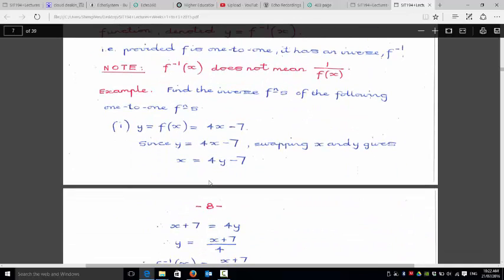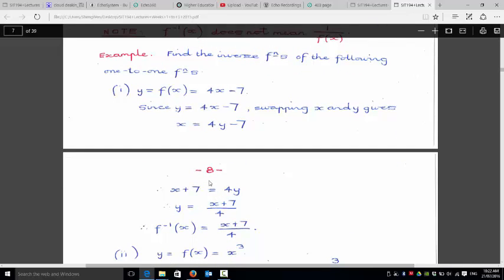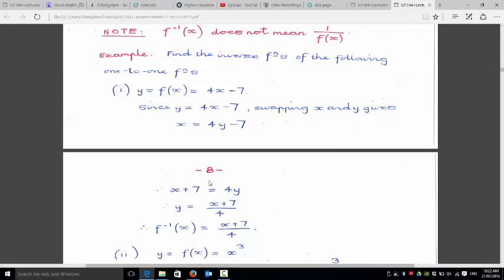Here I give you several examples. We want to find the inverse function of the following one-to-one function. We have f(x) is equal to 4x minus 7, and since y is equal to 4x minus 7, we just swap x and y, which gives x is equal to 4y minus 7.